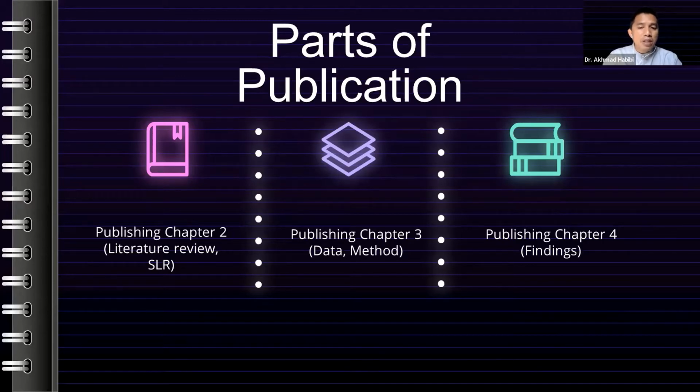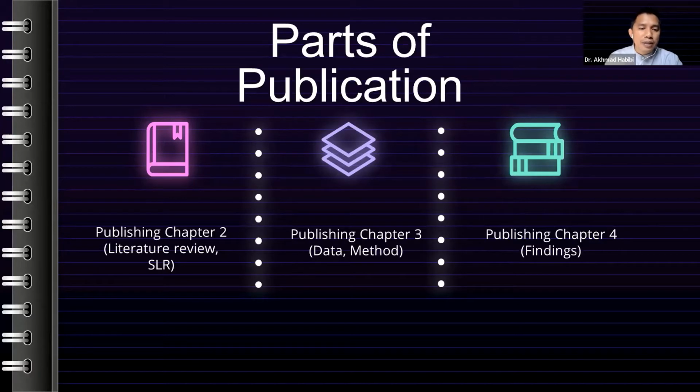I'm going to skip chapter 4, because I think all of us here have attended many seminars and read articles about how to publish findings in good journals. I will focus my presentation today on chapter 2, the literature review, and chapter 3, the data.